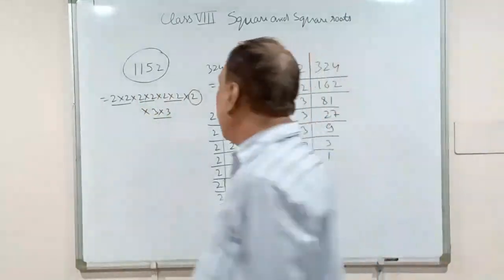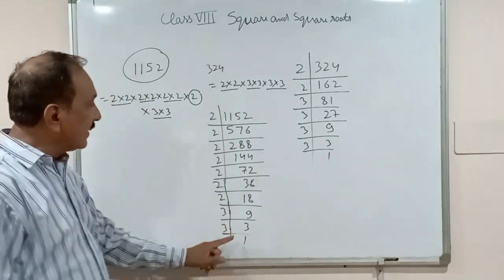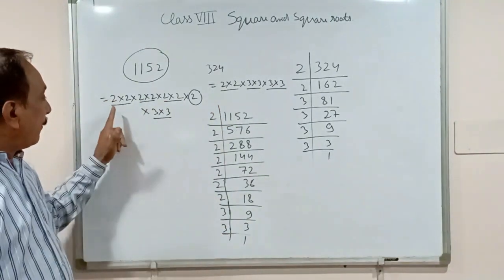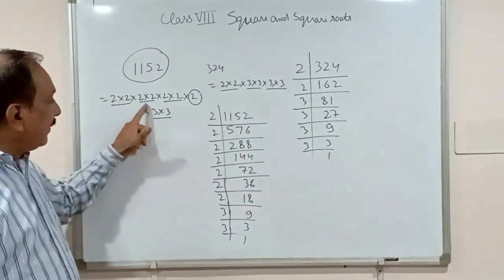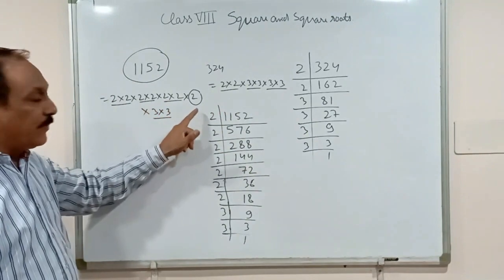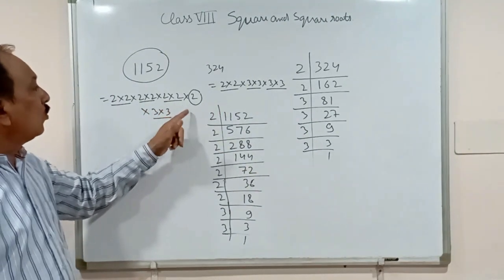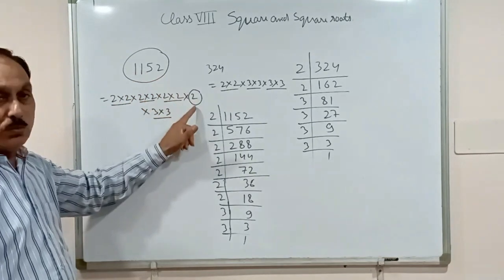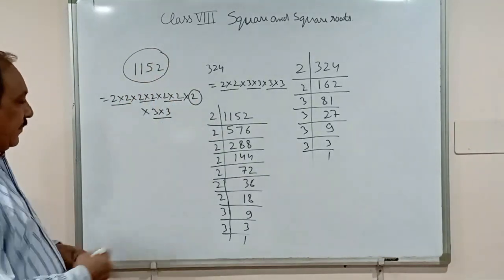Same pattern. First we factorize it. Factor करें इसके. Make the pairs. Pair of this is complete, but pair of this is not complete, so you have to multiply this number by 2. Then it is a perfect square.